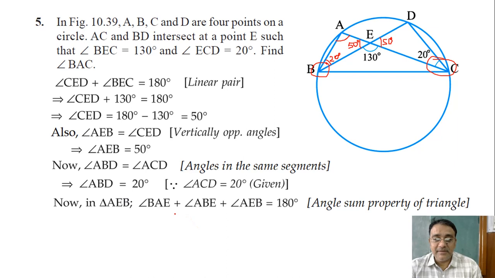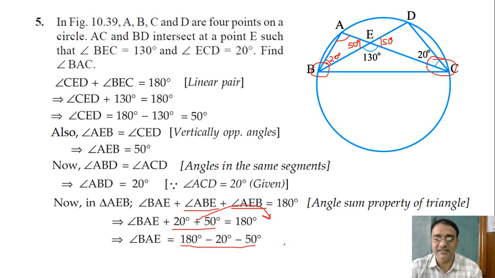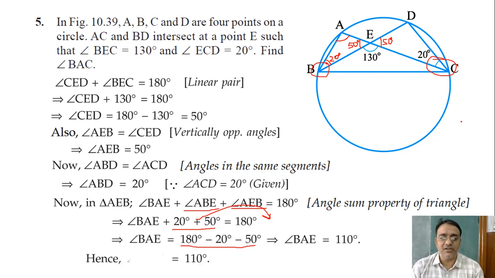And now we'll substitute the value of this angle, 20 degrees, and this angle, 50 degrees. So 20 plus 50 is 70. Now shift to this side. After adding you can shift, or before also you can shift. This depends on you. If you subtract you will get 110 degrees. BAE or BAC are the same angles, so BAC is also equal to 110 degrees. Any doubt in this question?